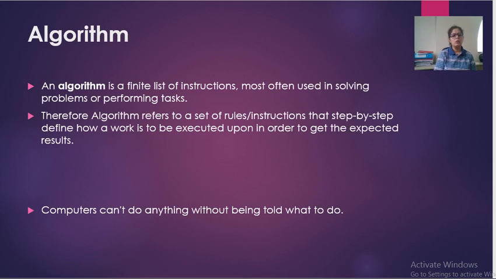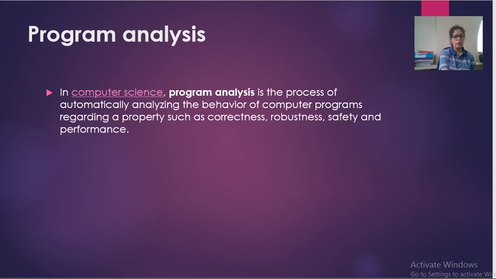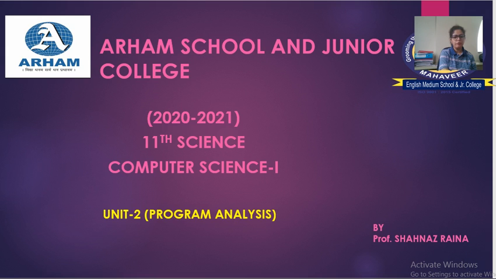Now, why are we studying algorithm, and what is algorithm? Why is there a need to study algorithm? So, students, in the very first slide, I told you that the name of the unit is program analysis. Program analysis means we have to analyze the program, we have to check the program, and we have to develop the program.